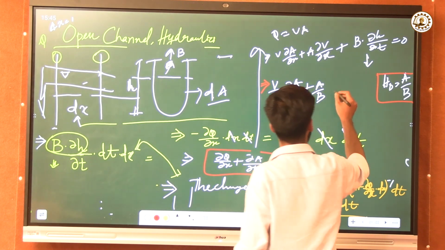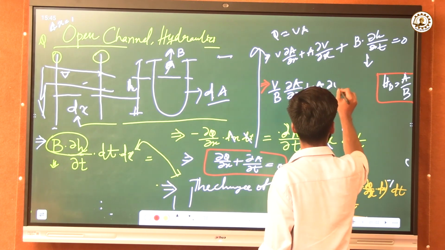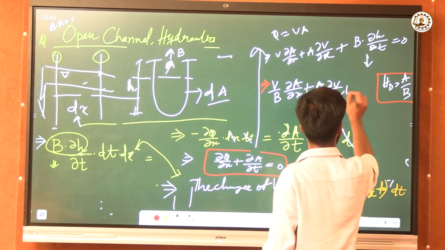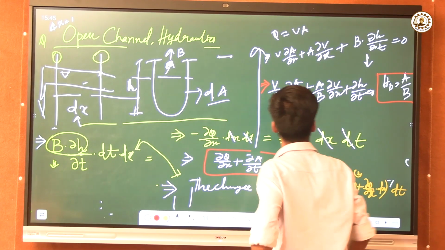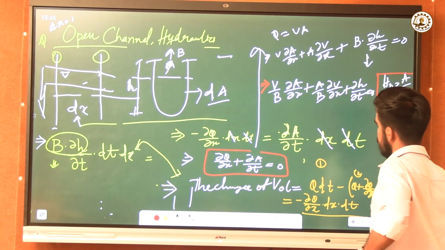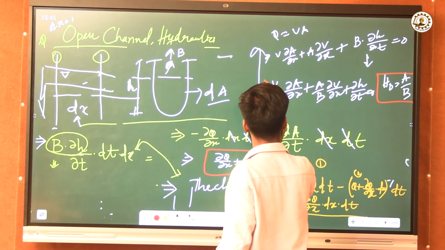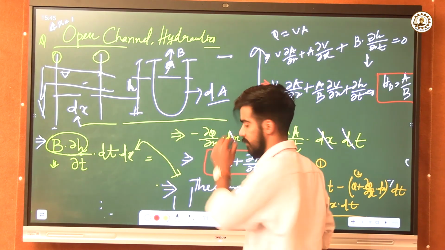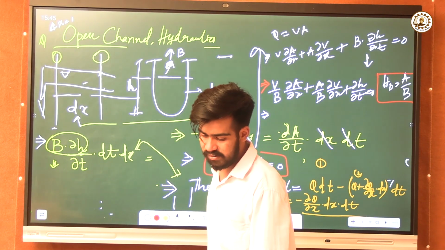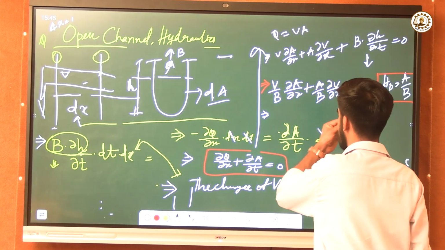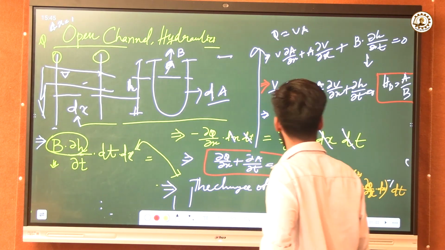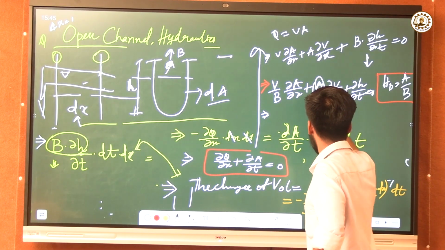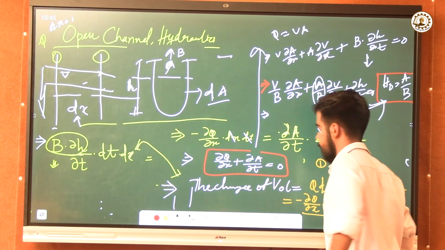if we divide the whole thing by B, we get an equation like this. If we consider the velocity and also the hydraulic depth, that thing becomes our hydraulic depth.